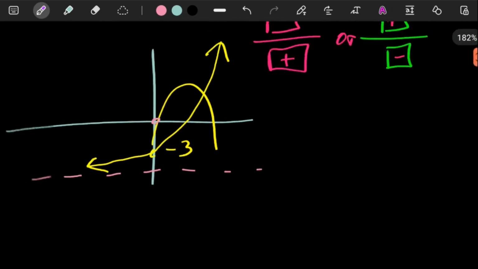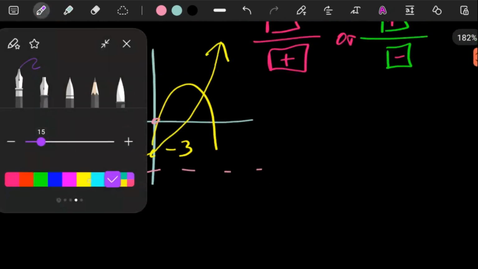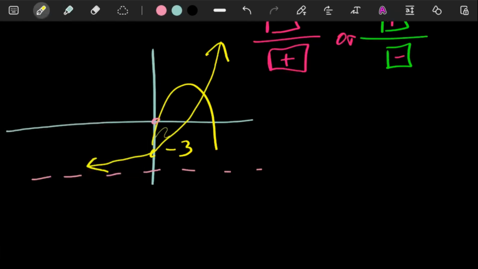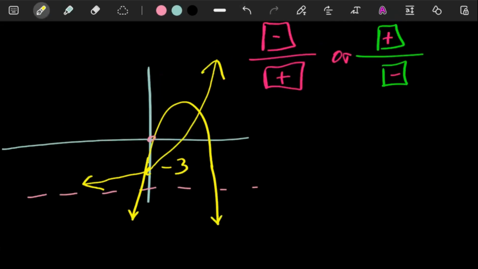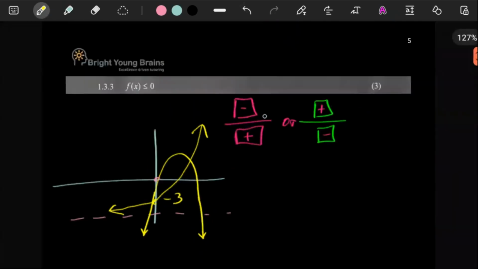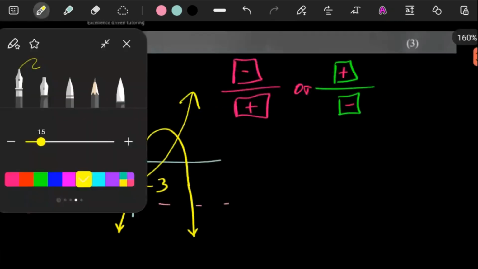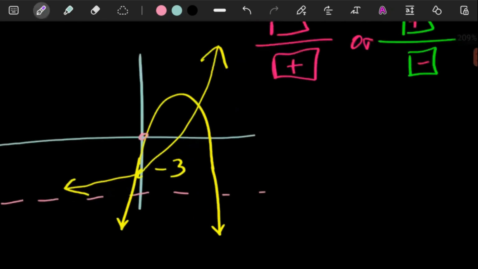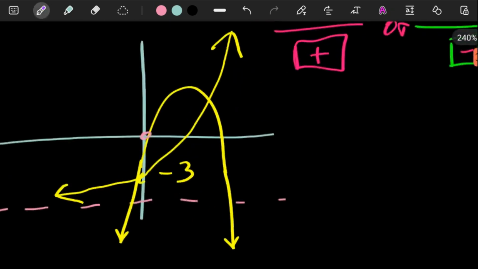If you look at our two graphs, this is going to go all the way to negative infinity. This is going to go all the way to negative infinity. So we want a situation where the one has positive y values while the other one is negative, and vice versa. It doesn't seem like it's going to be too difficult to find.